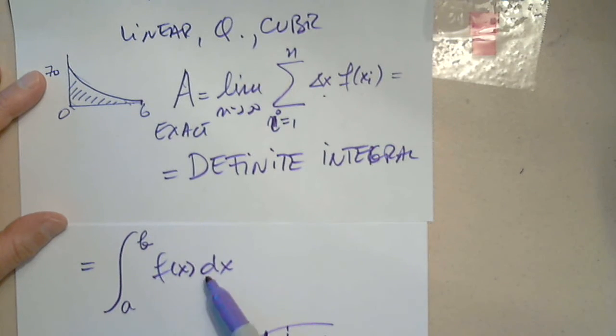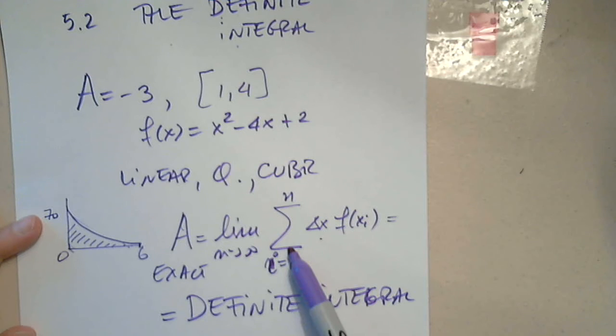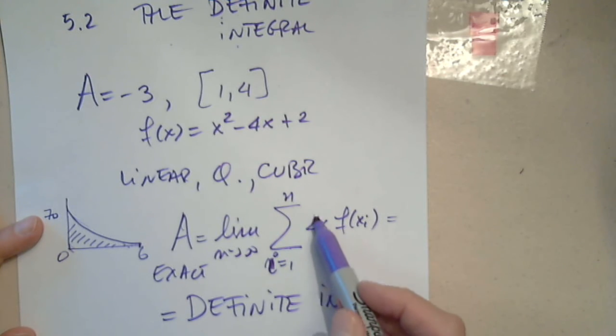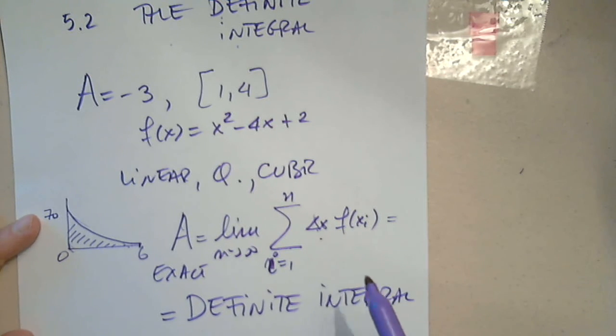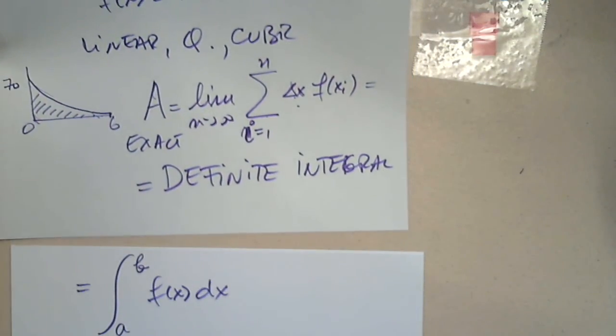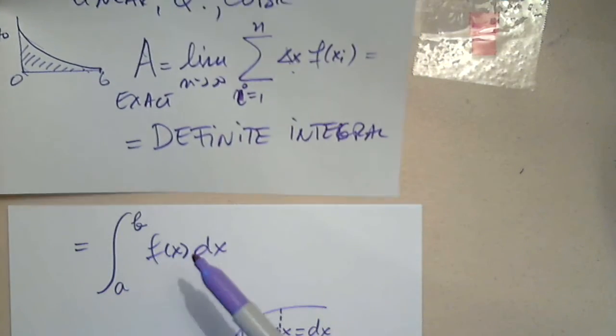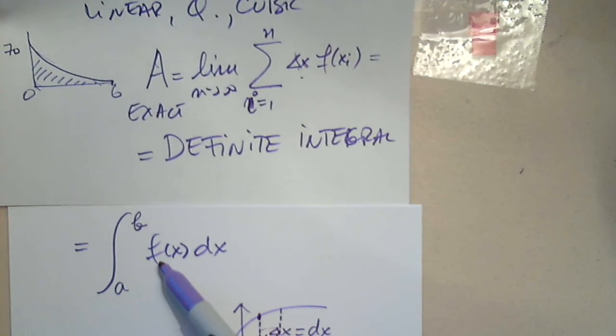But in an integral, I cannot use delta x. I have to use dx. In a limit of the Riemann sum, I cannot use dx. I have to use delta x. They mean the same thing. This is still the width of any subinterval. And f of x i is the same thing as f of x, from a to b.